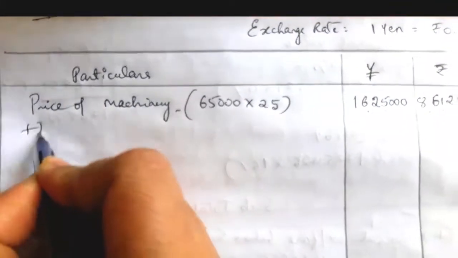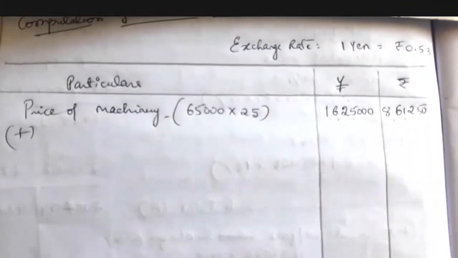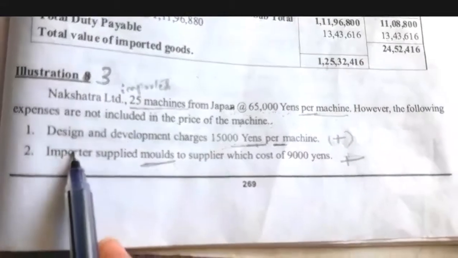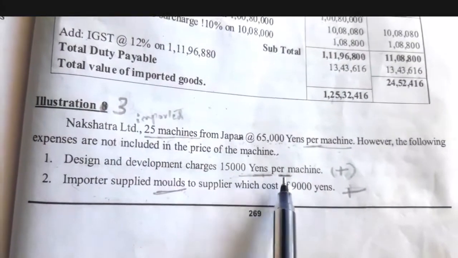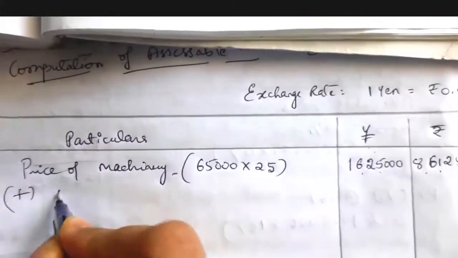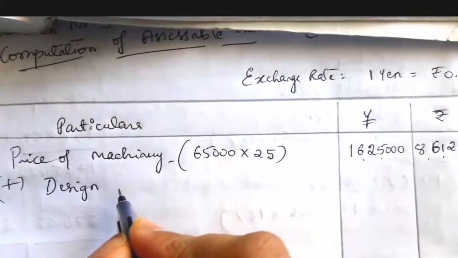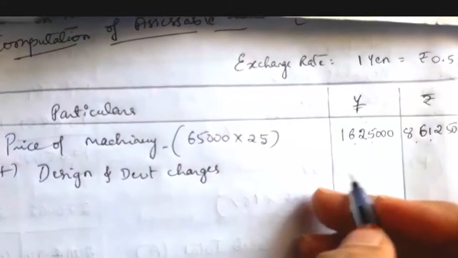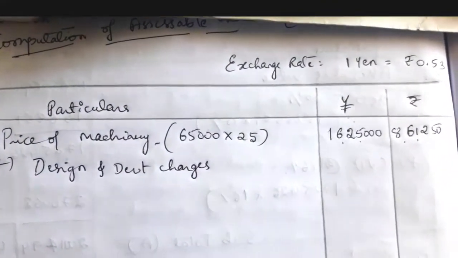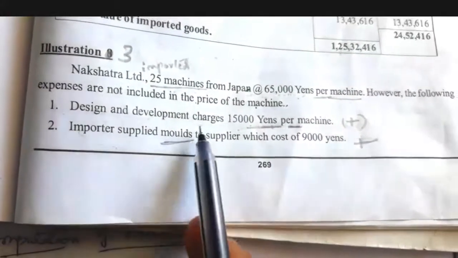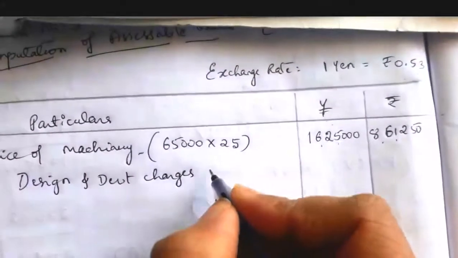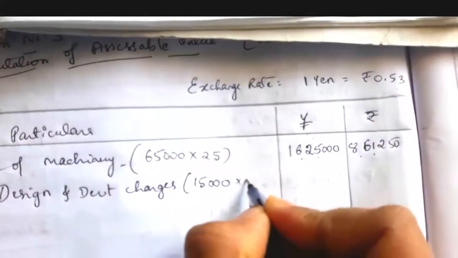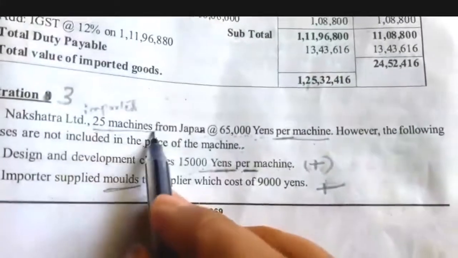8,61,250. Next, for this price of machinery we have to add the expenses, one by one. See here, there are expenses which are not included in the price of machinery. First one is design and development charges, 15,000 yens per machine. We have to add them because they are expenses incurred outside India. If they clearly mention design and development charges incurred in India, then we should not take them. So 15,000 yens per machine, and 25 machines are imported.